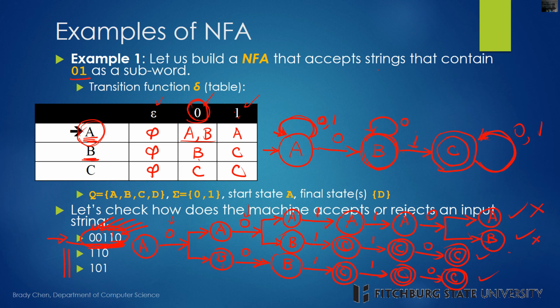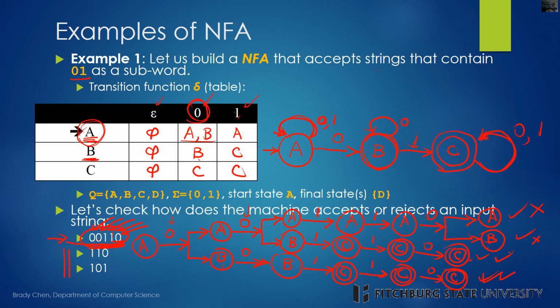B is not, but C is, right? Another C is. So that means the machine is going to accept this string, because there's a possibility that the machine will move to the final state or accepting state.